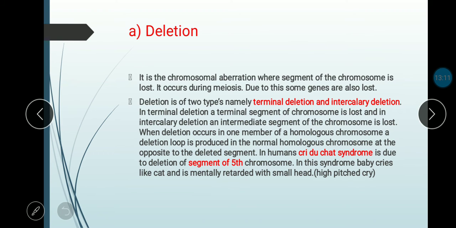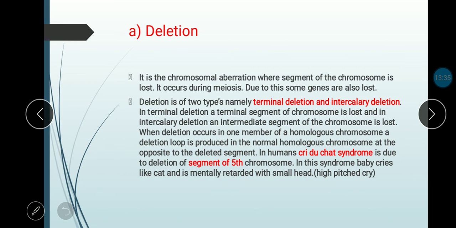Out of these, deletion is first. It is a chromosomal aberration where a segment of the chromosome is lost. It occurs during meiosis, and some genes are also lost. Deletion is of 2 types, namely terminal deletion and intercalary deletion.